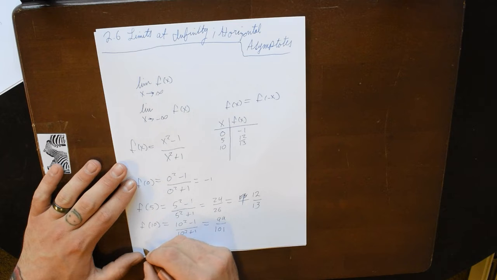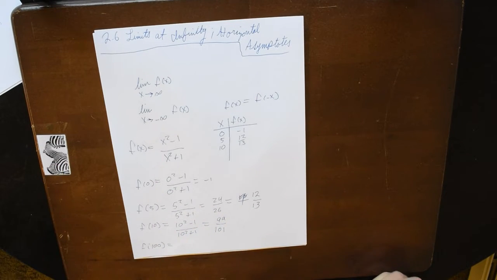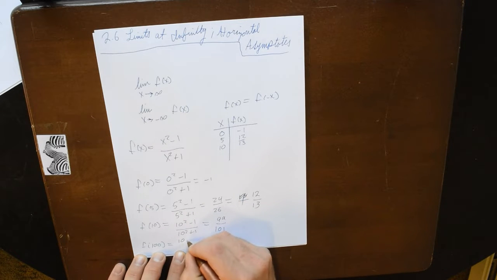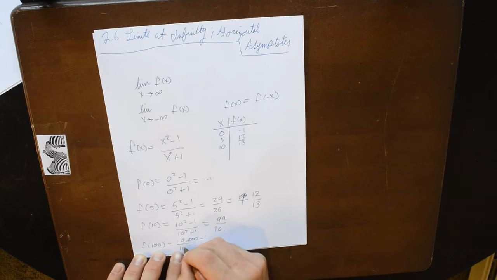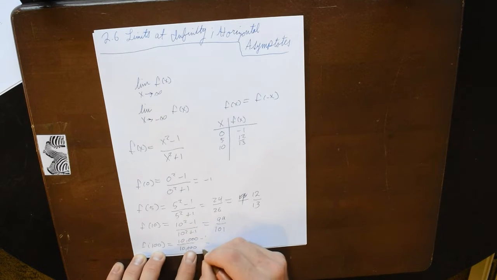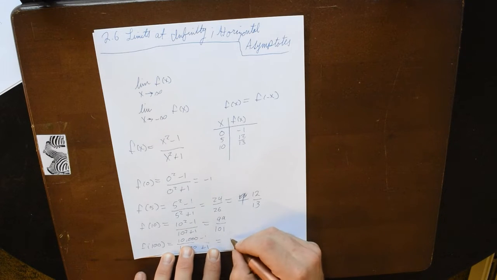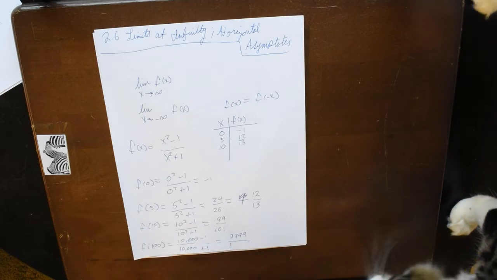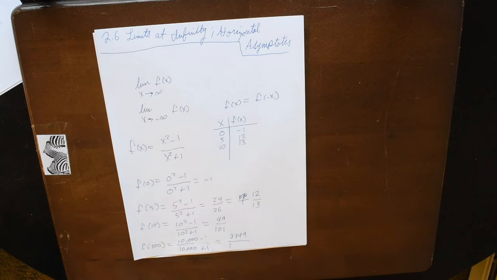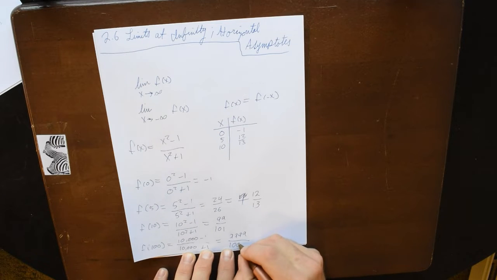If we increase, let's say f of 100. Well, 100 squared is 10,000 minus 1 over 10,000 plus 1, which gives us 4 nines, 9999, all over 10,001.